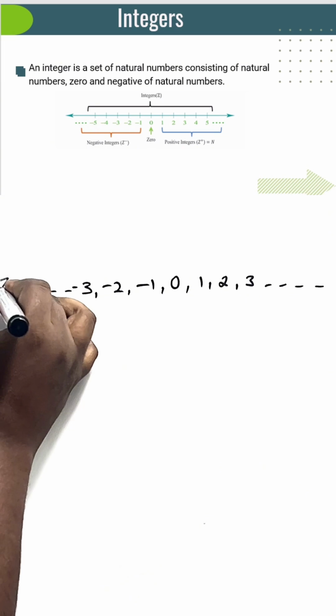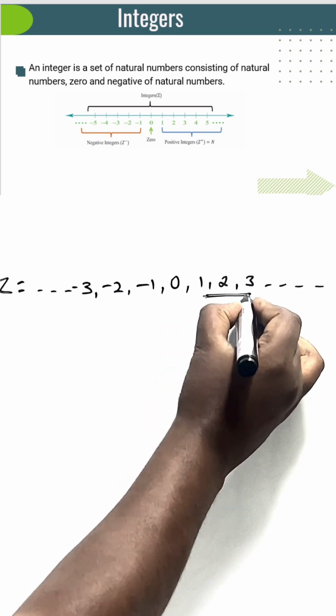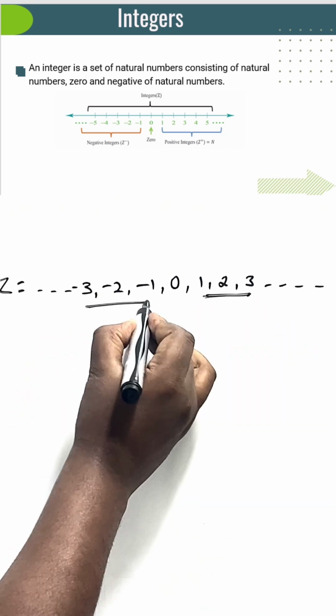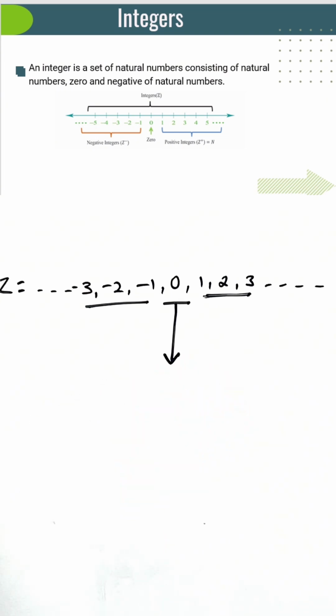These are integers. So integers are the positive natural numbers and the negative natural numbers as well. 0 is neutral, neither positive nor negative.